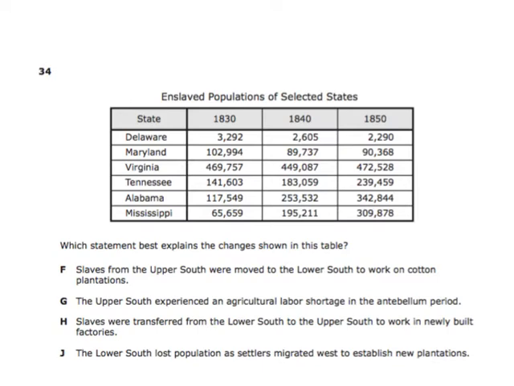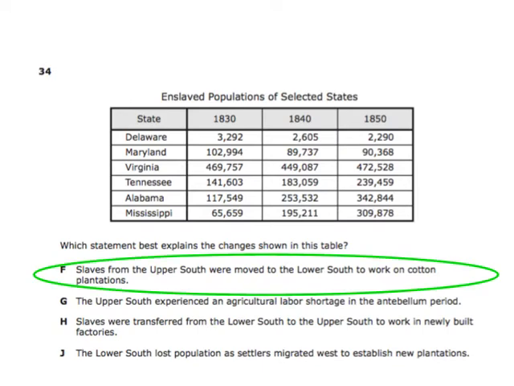Enslaved populations of selected states. You got Delaware, Maryland, Virginia, Tennessee, Alabama, Mississippi. You have 1830, 1840, and 1850. Which statement best explains the changes shown in this table? Slaves from the upper South were moved to the lower South to work on cotton plantations. You have to know a little bit about geography here to know that.